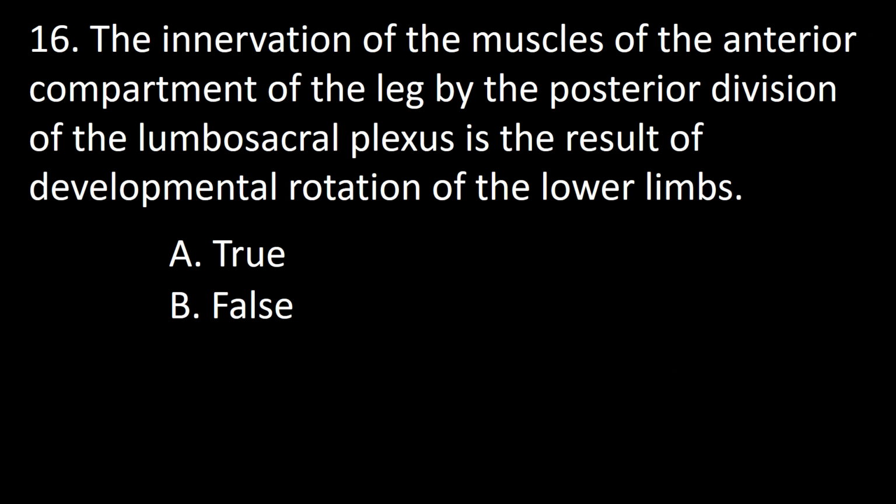Next question. The innervation of the muscles of the anterior compartment of the leg by the posterior division of the lumbosacral plexus is the result of developmental rotation of the lower limbs. A true, B false.